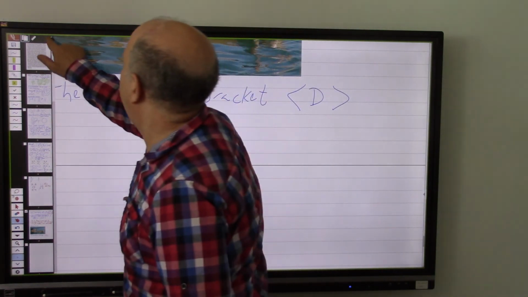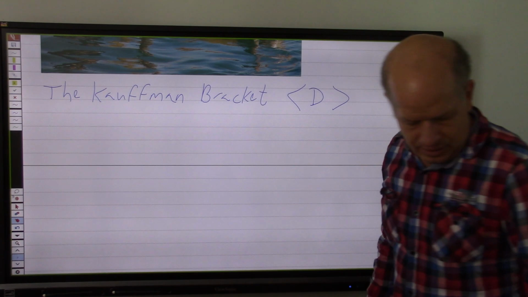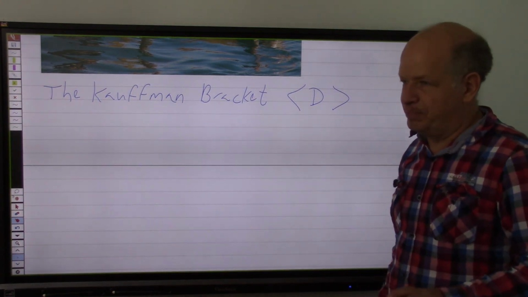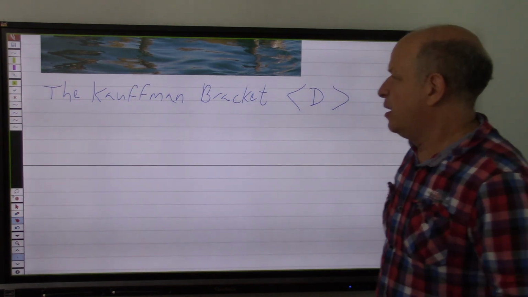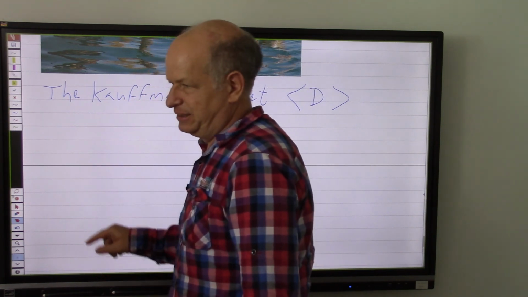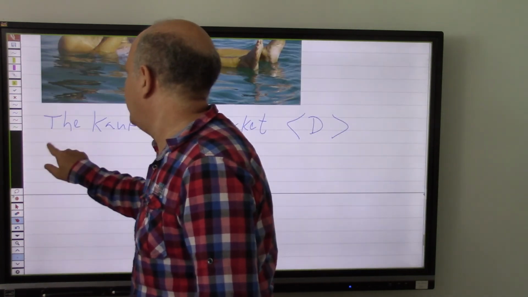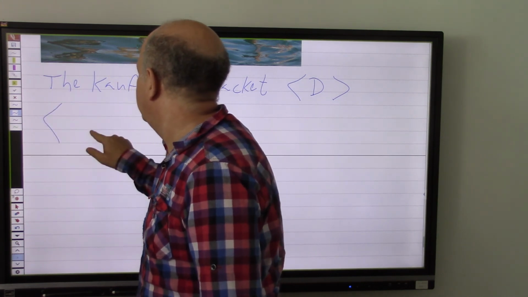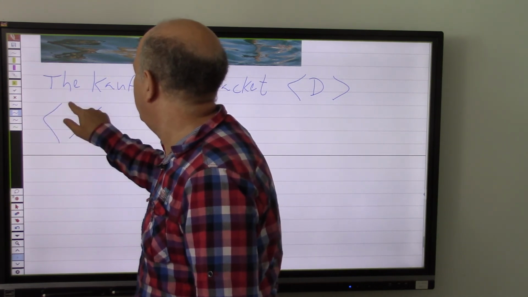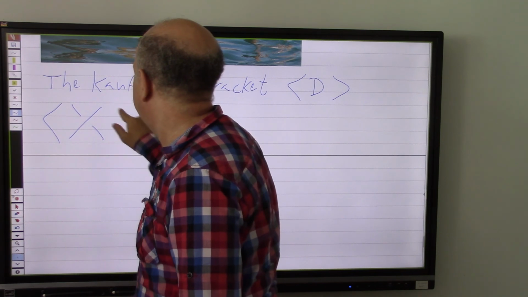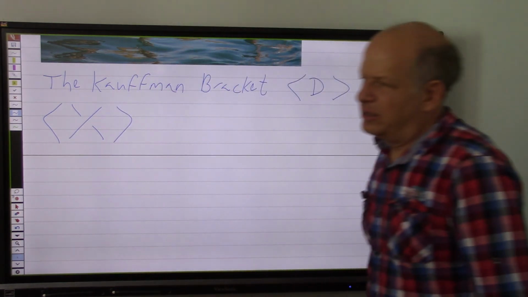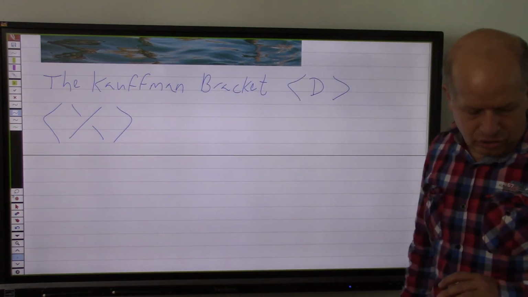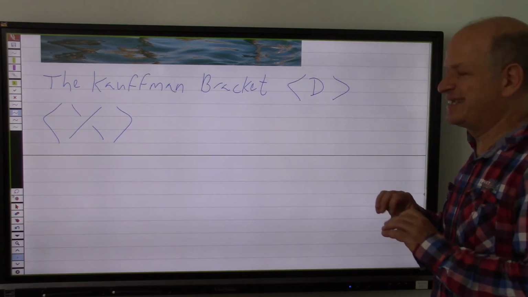So the Kauffman bracket is defined by two axioms. Axiom number one: if you have a crossing, then there are two ways of so-called smoothing it.